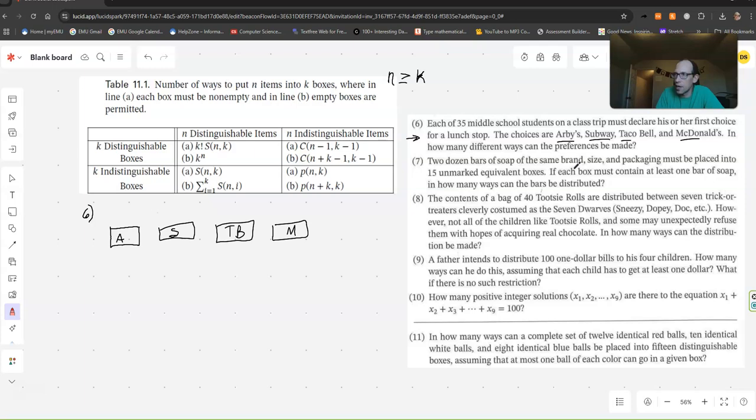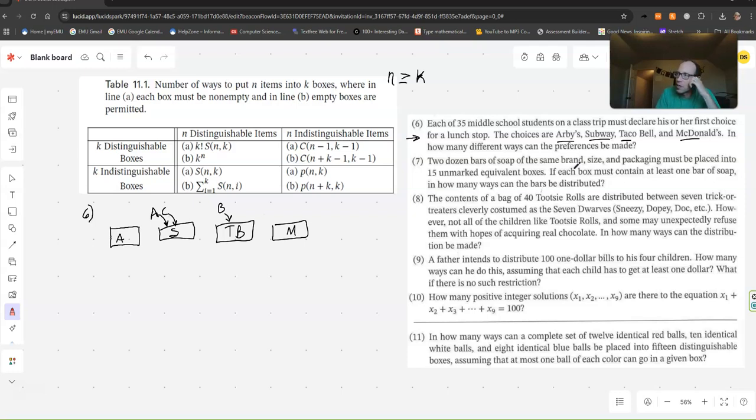Say Alan likes Subway, so we put Alan right there. Then we have Bernice. Bernice likes Taco Bell, put her right there. Then Carl. Let's say Carl also likes Subway. And we continue like this. We have 35 students, we'd run out of letters, but I'm sure we could recycle Alan and Alice, for example.